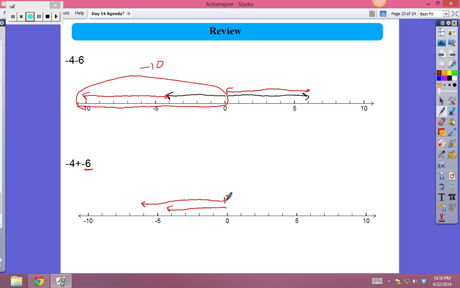Put its tail at the head of the first. And then run it out. And we will have a vector similar to the first. We're going to have vector magnitude 10, length 10, direction negative. So two same solutions but different contexts.